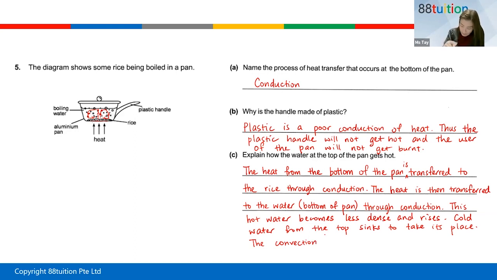Because of the rising and then the coming down of the hot and cold water, this convection current is set up and allows the heating of the water. Actually, it's not just the top of the water that gets hotter, it will be throughout, because the convection current goes round all the time.